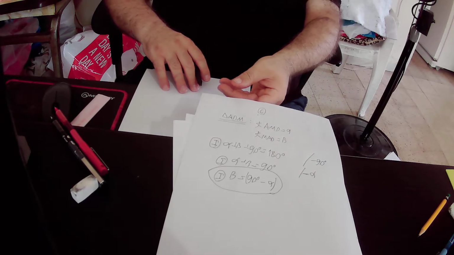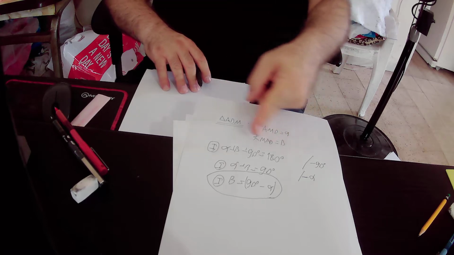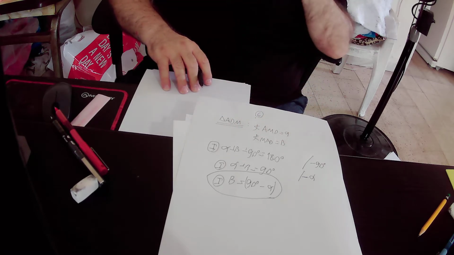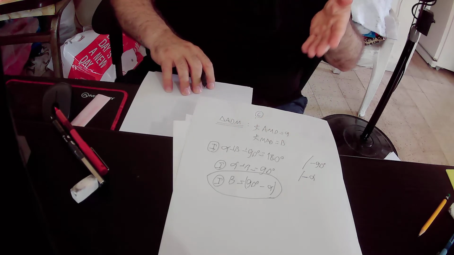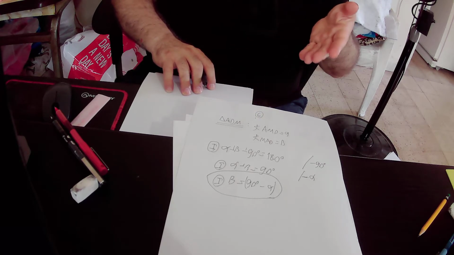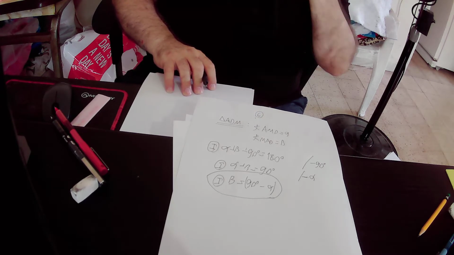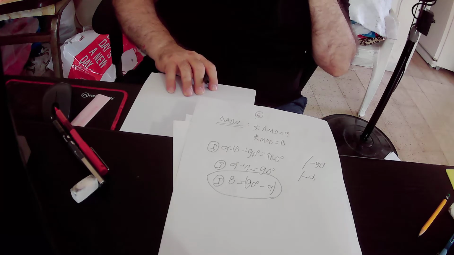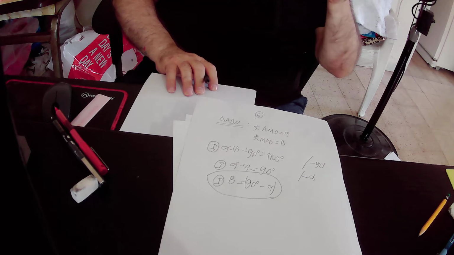So we subtracted alpha from equation number 1. We got that alpha plus beta minus alpha equals beta, and 90 degrees minus alpha equals 90 degrees minus alpha. So equation number 1 states that beta equals 90 degrees minus alpha.